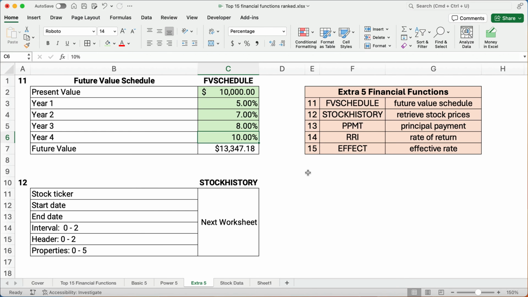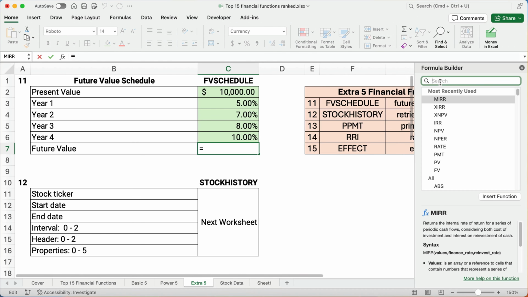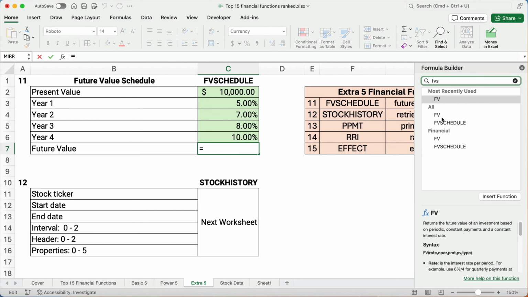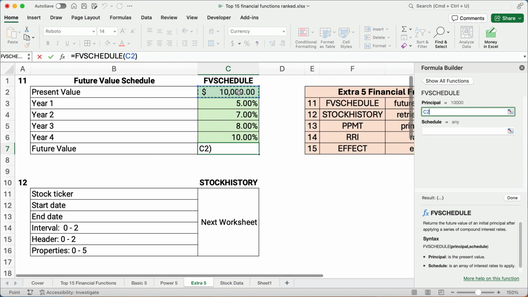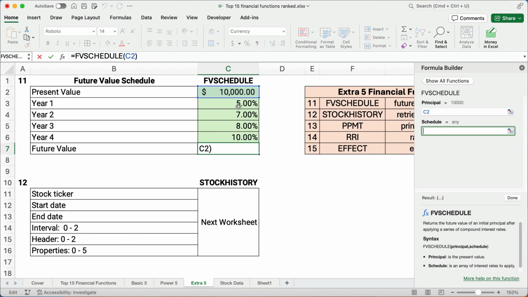So what would happen is we're not earning a steady 7%, we're earning a different rate each year. Well, you can handle this with future value schedule. So future value schedule, we need to know the principal amount, it's $10,000, and we need to know a schedule of different interest rates.